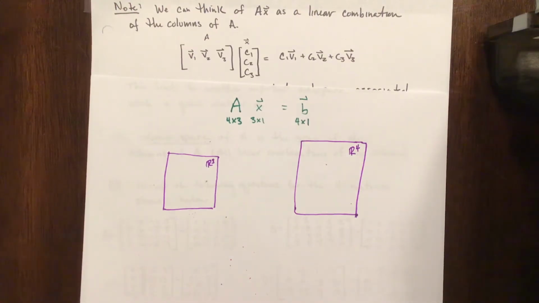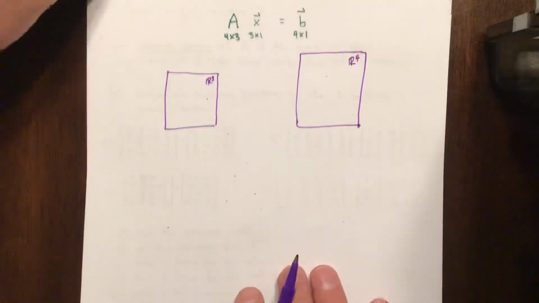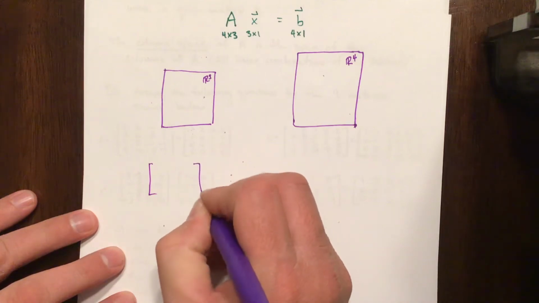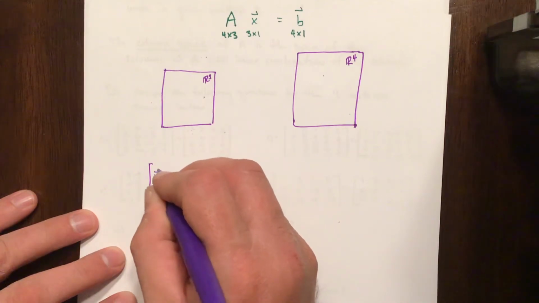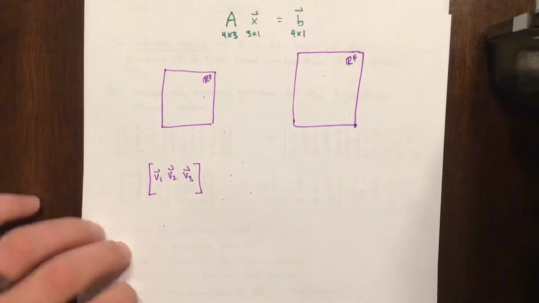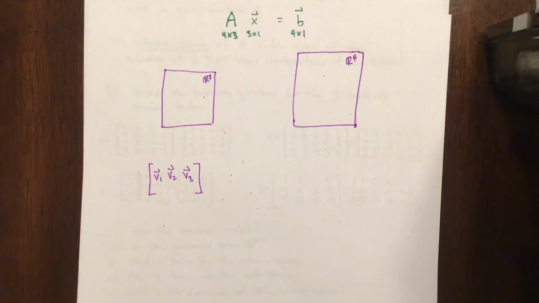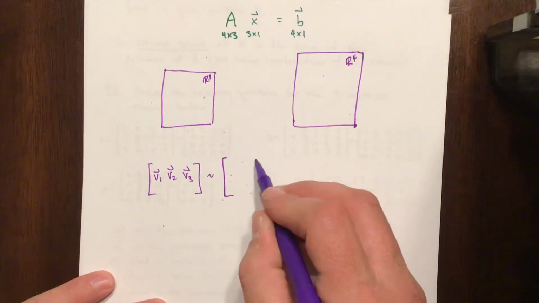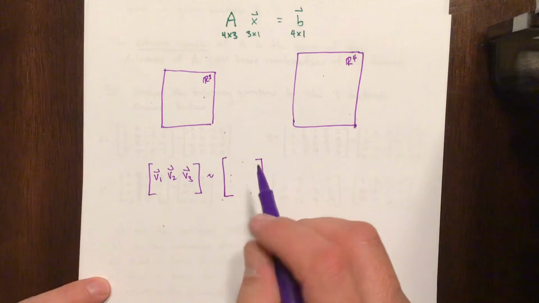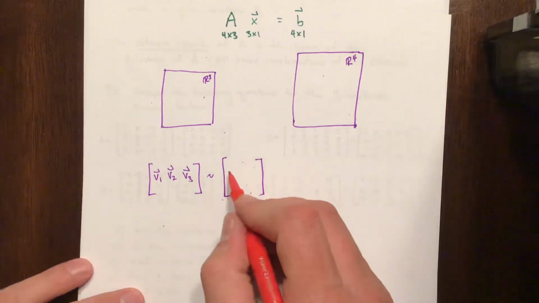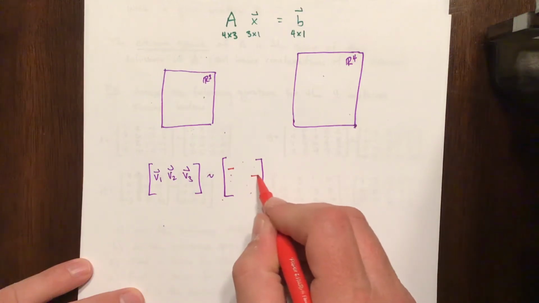So let's look at representing the matrix A with column 1, column 2, column 3. These are 3 vectors, each with 4 components. Let's say it can be row reduced into something that looks like, well, let's say there's a pivot here and a pivot here.